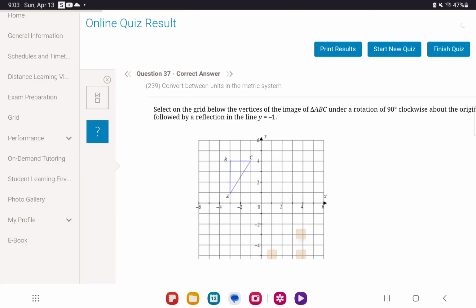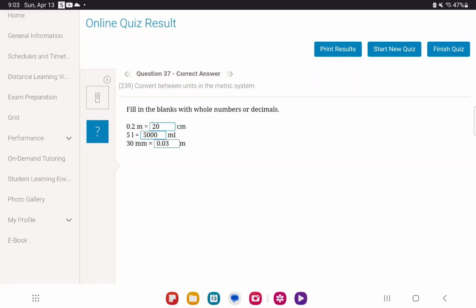Now 37. We're almost there. 2 more left. Fill in the blanks. From meters to centimeters, times 100, so 0.2 times 100 is 20.